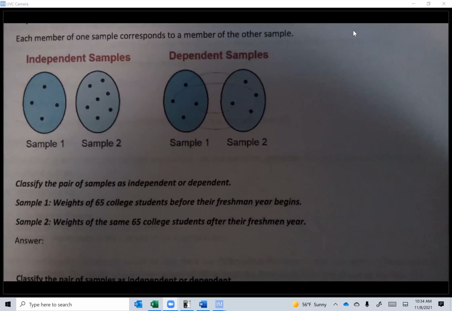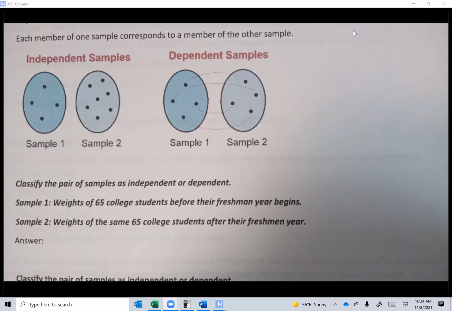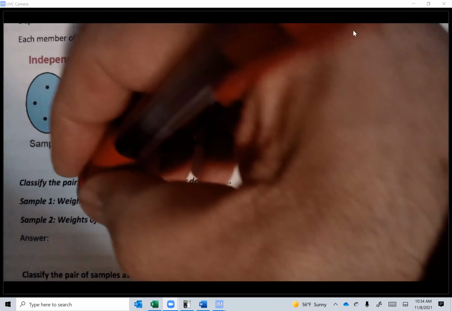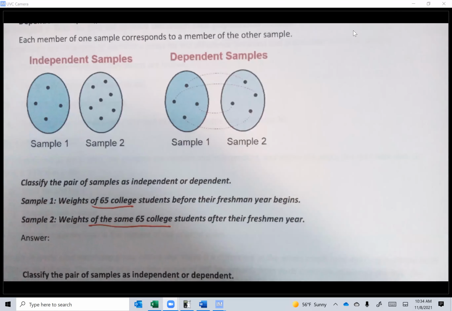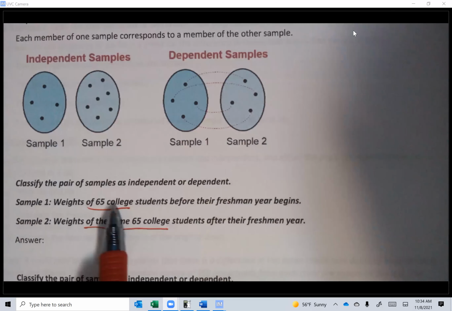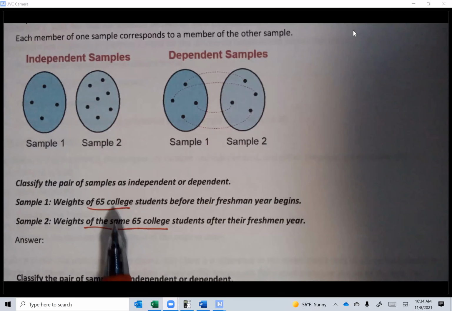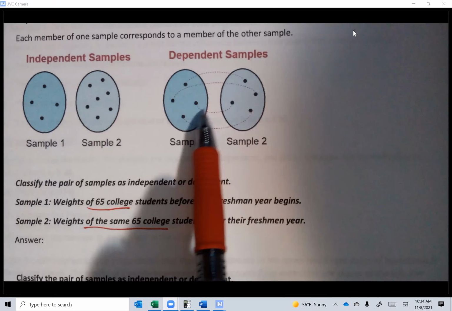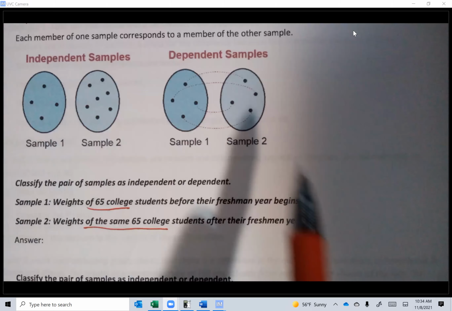Dependent or independent? Independent. But look what it says: the same 65 college students. That means the students are related. It's the same group of students in both samples. And remember, when there is a relationship, it's the same group of students in both samples. The samples are dependent.